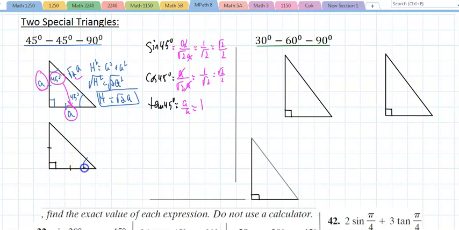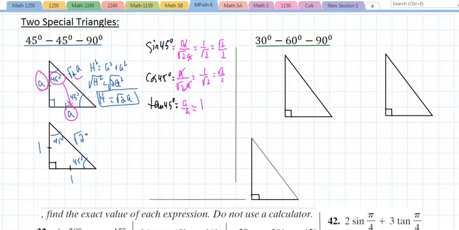If you call this 45 degrees and this 45 degrees, you're allowed to divide all of these sides by a in geometry. You could divide one side of a triangle by a value as long as you divide all of them. If I divide everything by a, I could say, look, if this is 1, this is automatically 1, and I could memorize easily that this is radical 2 times 1.